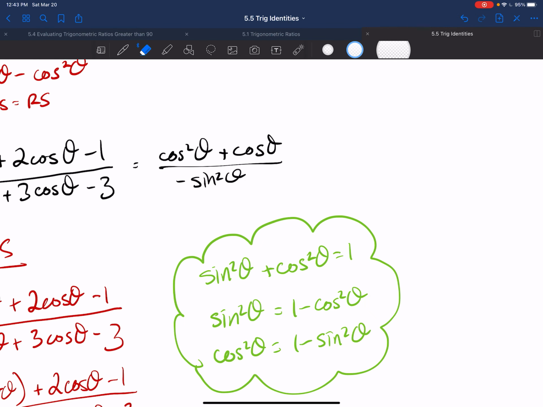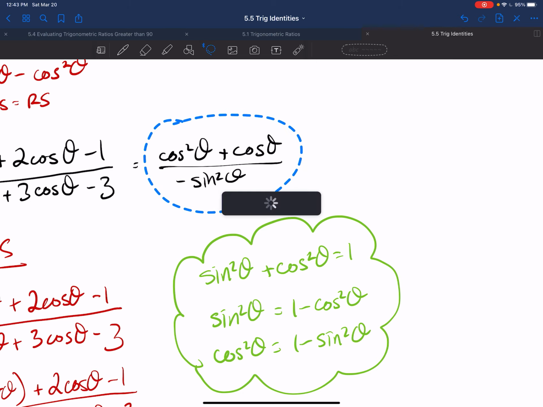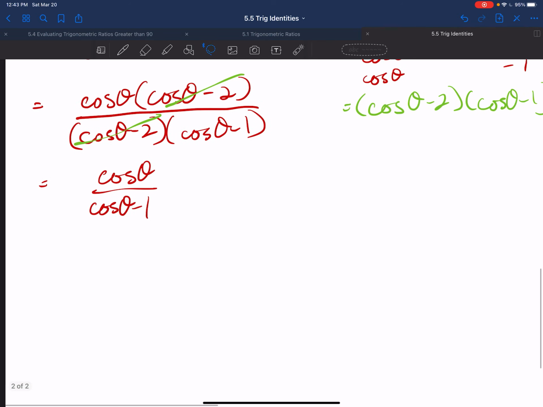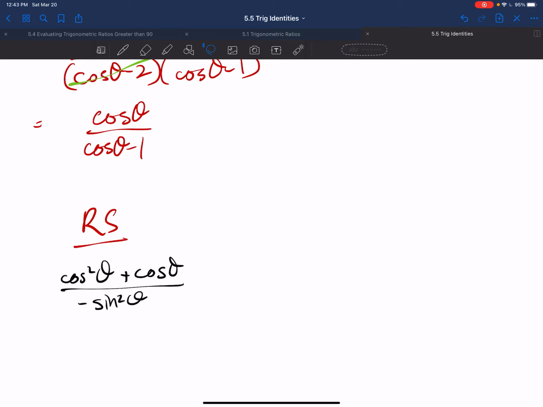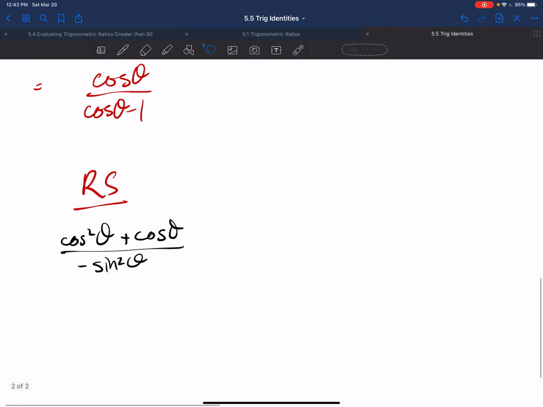So let's, I'm just going to copy this. Right side. So now I'm going to try to make this equal to cos theta over cos theta minus 1.